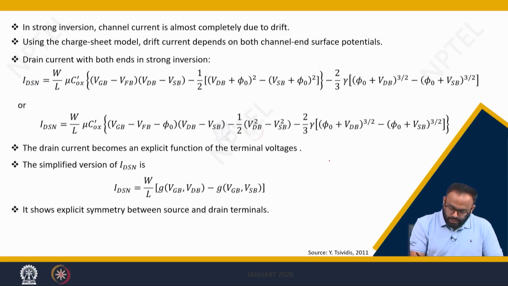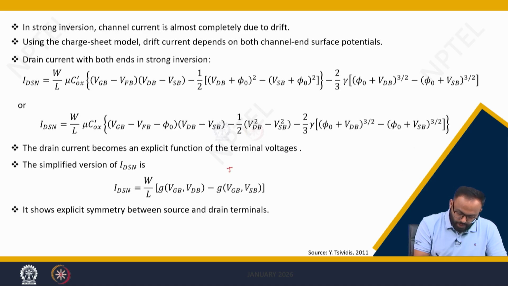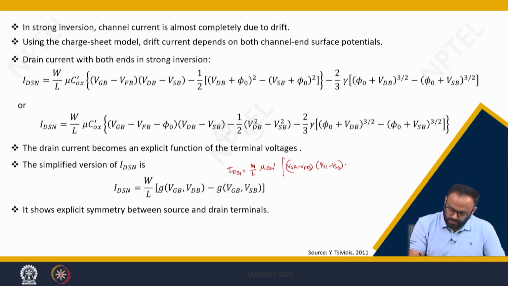So we know that when the MOSFET is operating in strong inversion, then the dominant phenomenon of the current is drift, and we have already derived the drift component, which we called IDS1, as W divided by L mu into COX dash into VGB minus V flat band voltage into psi SL minus psi S0, minus half of psi SL square minus psi S0 square, minus 2 by 3 gamma into psi SL to the power 3 by 2 minus psi S0 to the power 3 by 2.